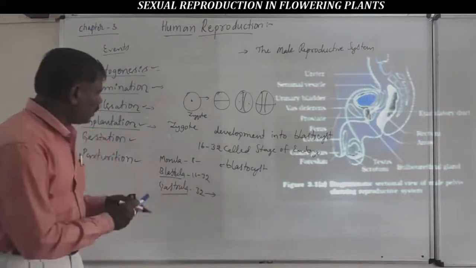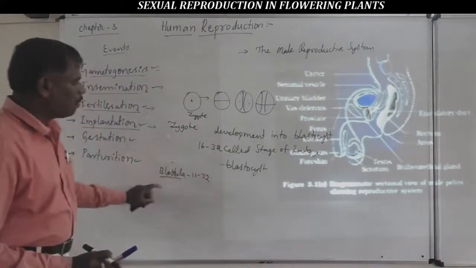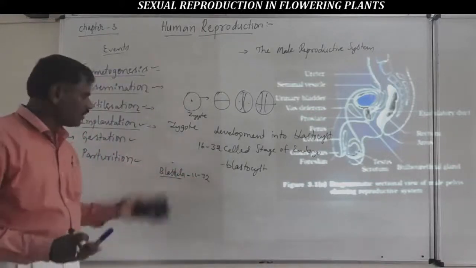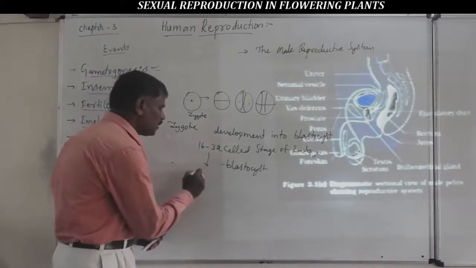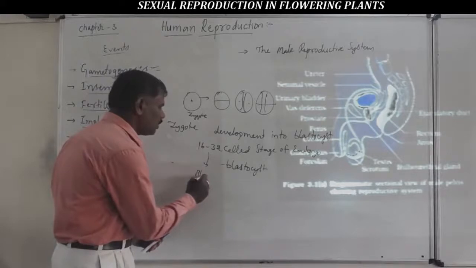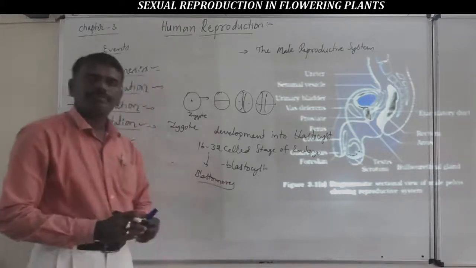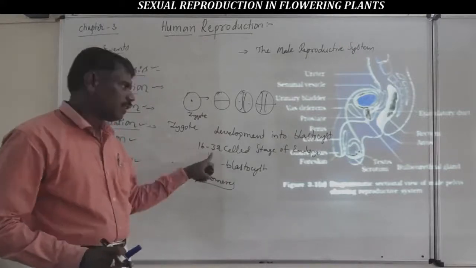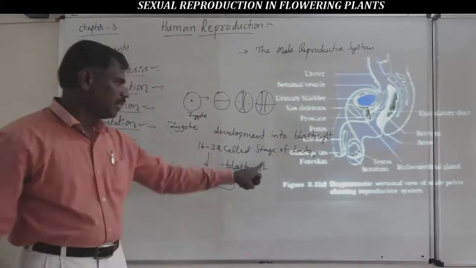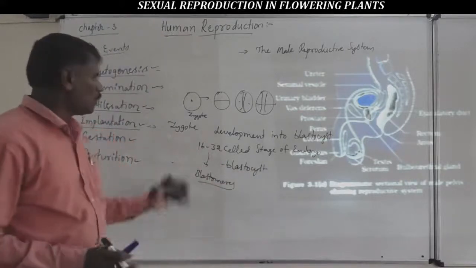During the blastula stage, the 16 to 32 cells present in the blastocyst are called blastomeres.